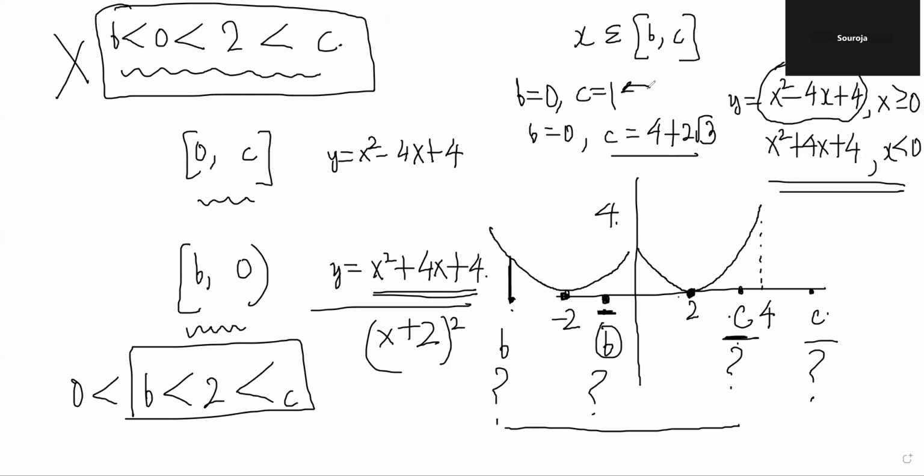This is the answer that came when C was less than 4, and this is the answer that came when C was greater than 4. So that is how you're supposed to analyze the graph and all. I hope you are getting the hang of what we are doing.